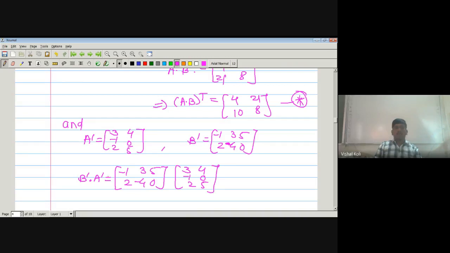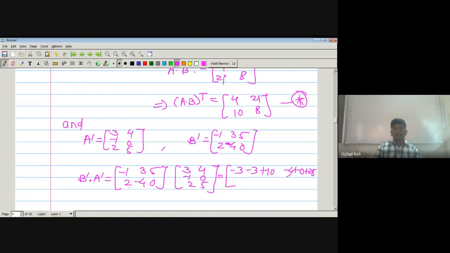Again, the number of columns in B transpose will be equal to the number of rows in A transpose, so its multiplication will be possible. Okay, minus 1 into 3 minus 3, 3 into minus 1 minus 3, 5 into 2 10, minus 1 into 4 minus 4, 3 into 0 0, 5 into 5 25.